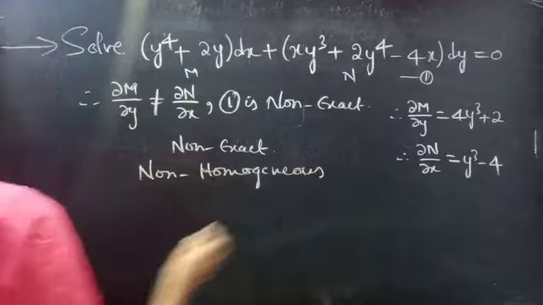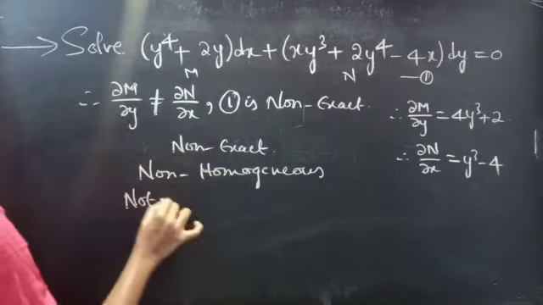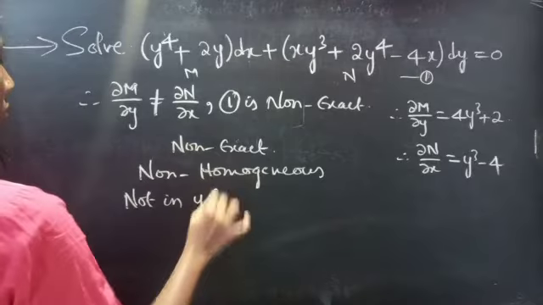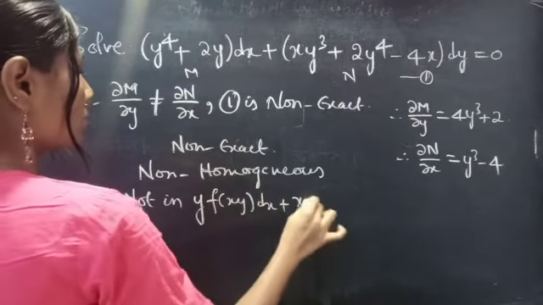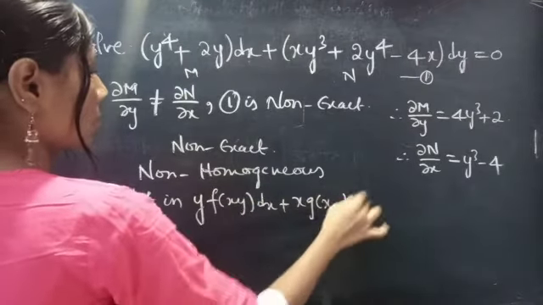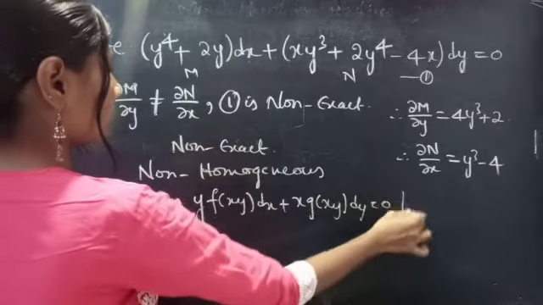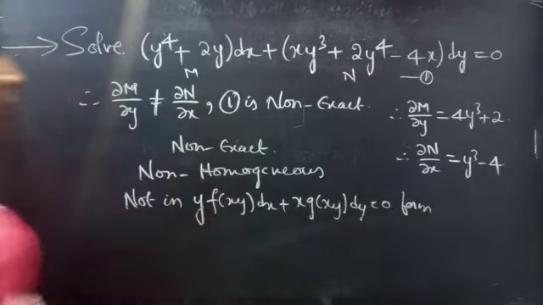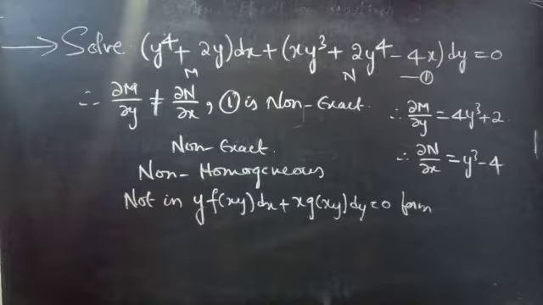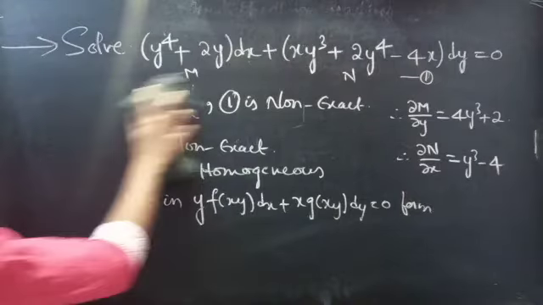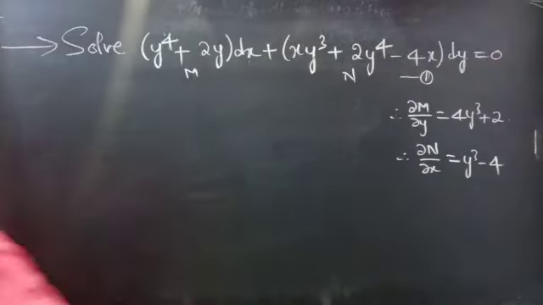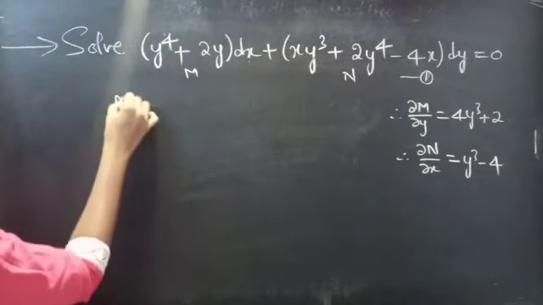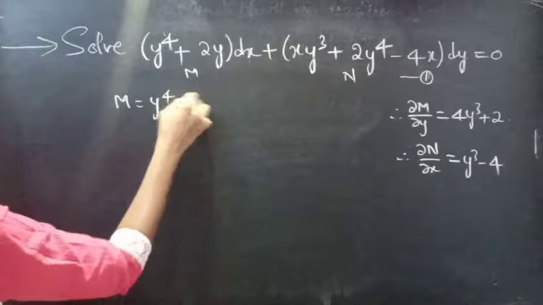And also it is not in the form y f(xy) dx + x g(xy) dy = 0, right? So look at M and the partial derivatives. You're having M = y^4 + 2y.